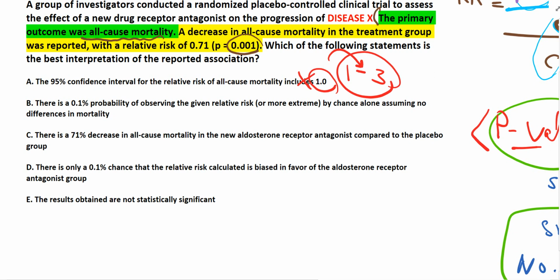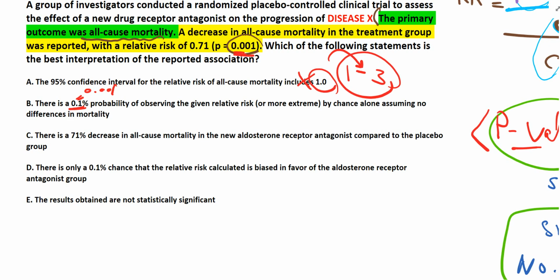Choice B, there is a 0.1 percentage. Look, here it's trying to manipulate this number. It's the same number as 0.001, the same number as here. The probability of observing the given relative risk or more extreme by chance alone, assuming no difference in mortality.